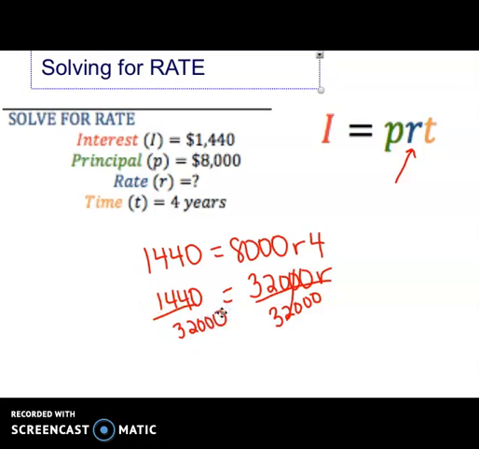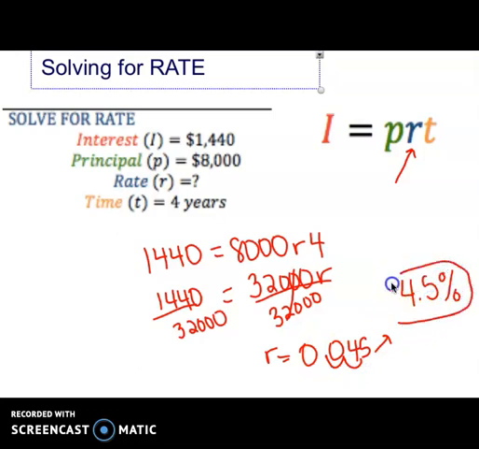Okay, then when you take 1,440, be careful of the order. What goes on top goes in the calculator first. So 1,440 divided by 32,000 gives you R equals 0.045. Now remember the rate is a percent, so we move it 2 places to the right, and we get the rate in this case to be 4.5%.